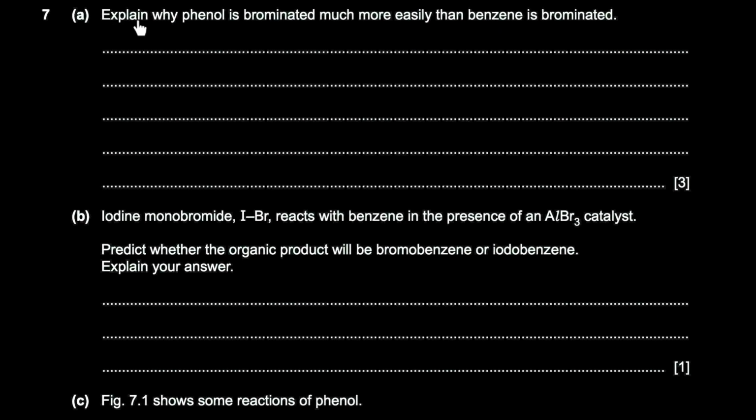Question number 7 says, explain why phenol is brominated much more easily than benzene is brominated. So this question is basically asking why phenol is much more reactive towards electrophiles than benzene is.